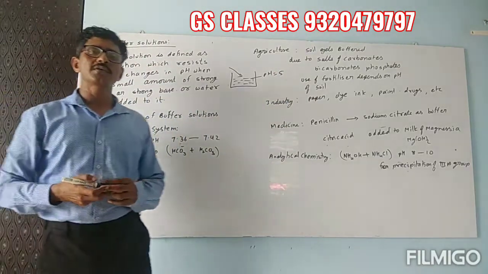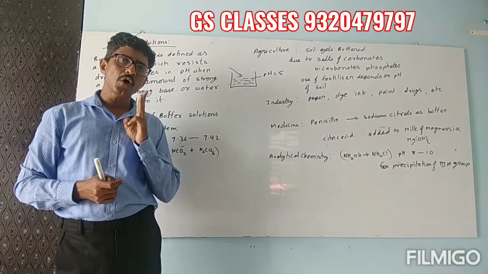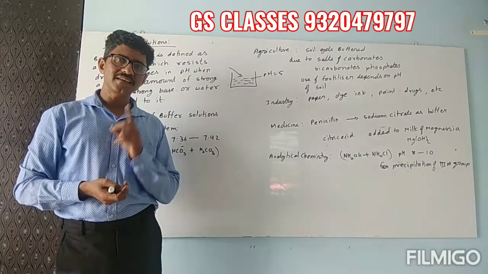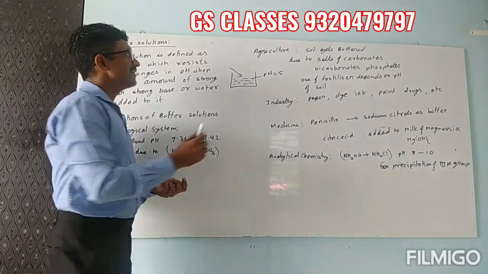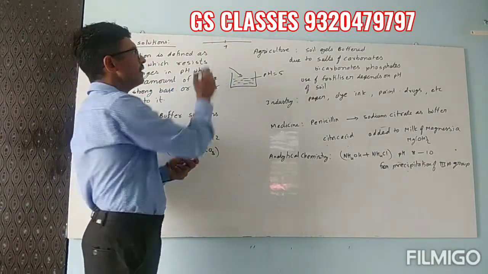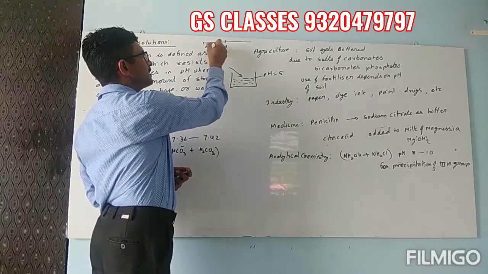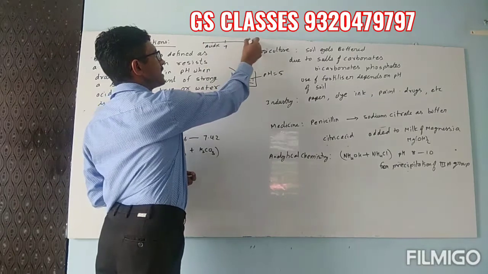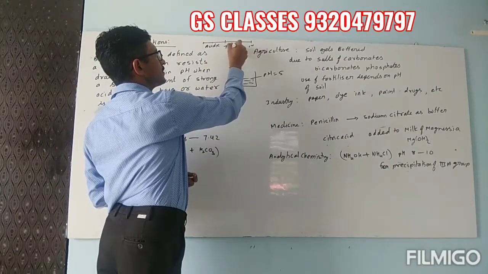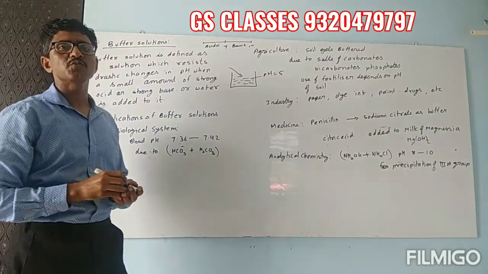Now the solution is what? Tell me, is it acidic, basic or neutral? It is acidic. If pH value is 7, it is neutral. If it is less than 7, any value, then it is acidic. And more than 7 up to 14, it is basic.